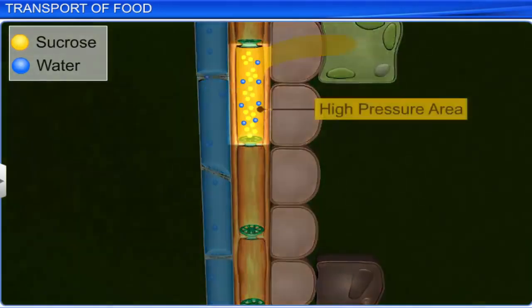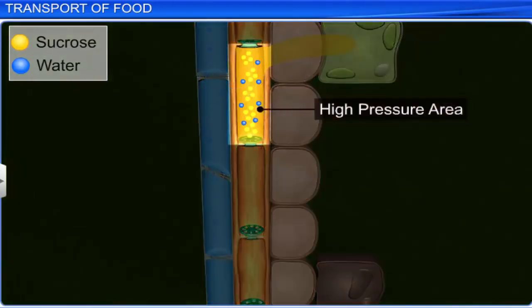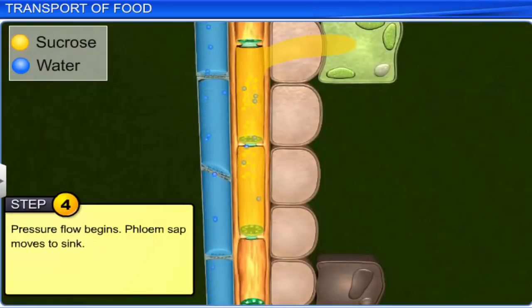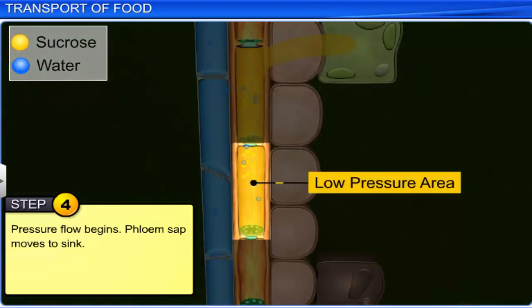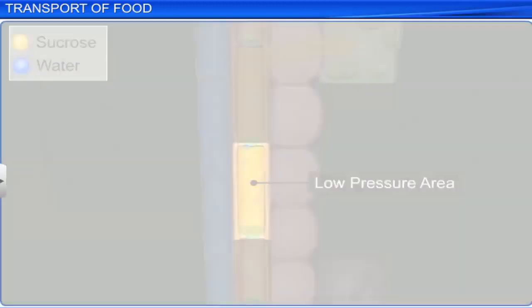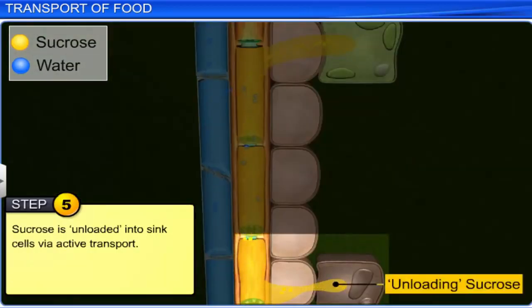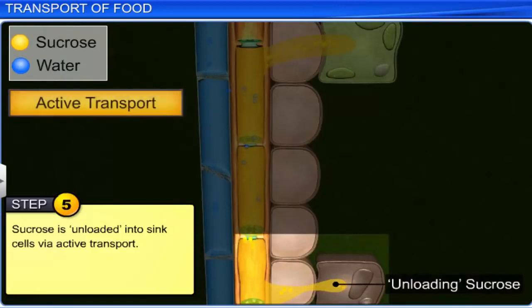As osmotic pressure increases in the sieve tube, pressure flow begins, and the phloem sap moves towards the sink, which has low osmotic pressure. This is followed by the sucrose from the phloem sap unloading into the sink cells via active transport.